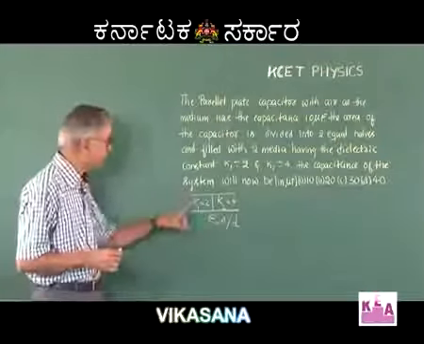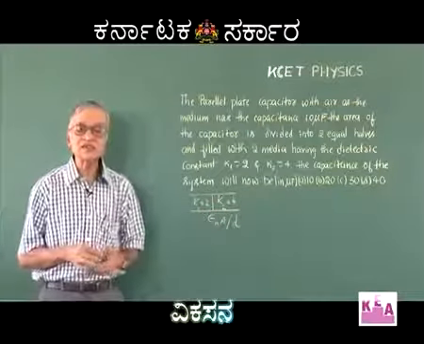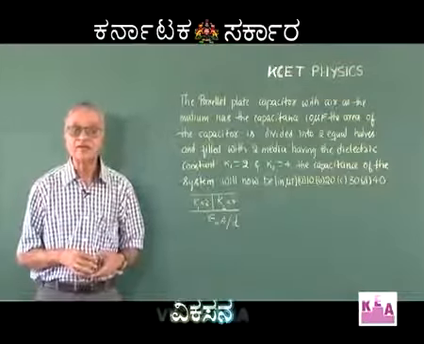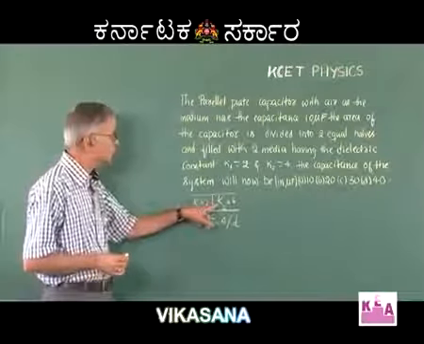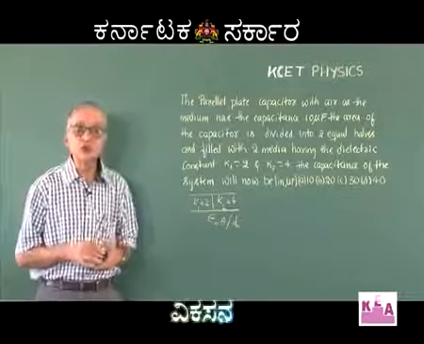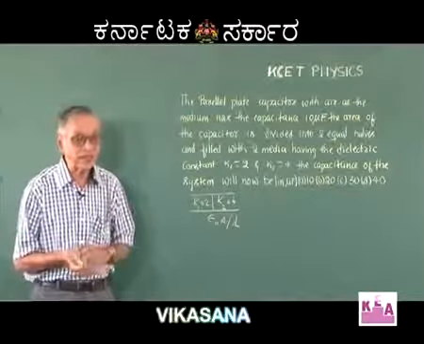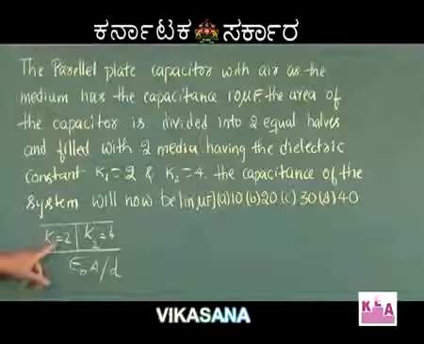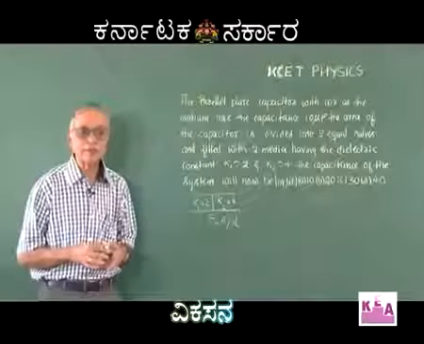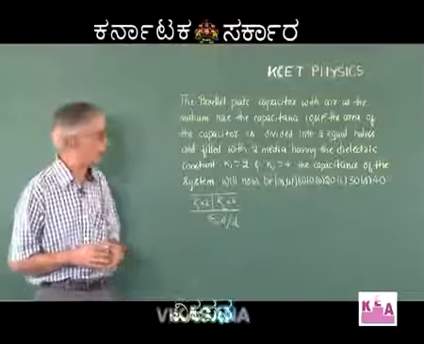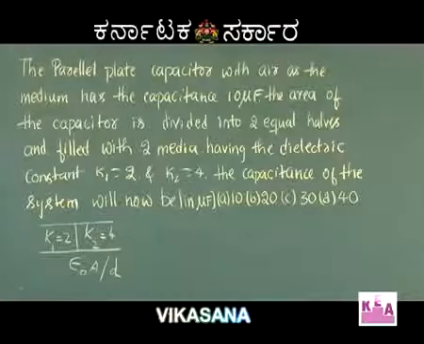Now note that similarly charged plates are connected together, and that is the criterion for parallel connection. On account of that reason, these two capacitors should be assumed to be connected in parallel. If it is connected in parallel, then this is 10 microfarad, this is 20 microfarad, 10 plus 20 will make it 30 microfarad. Therefore, option C would be the correct answer.